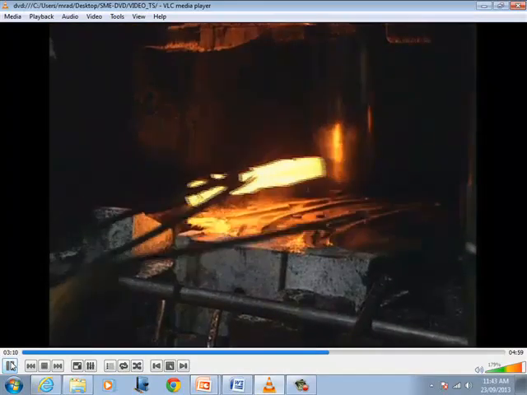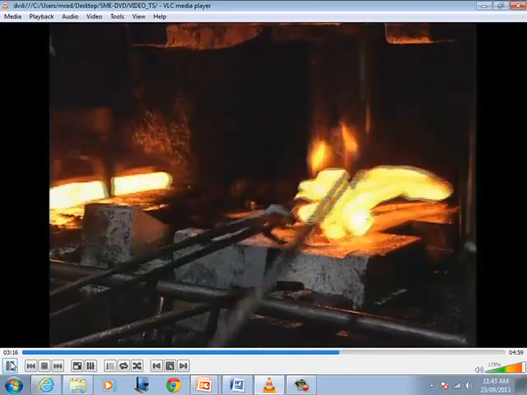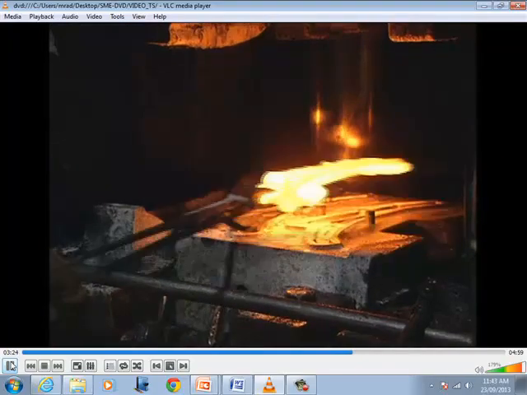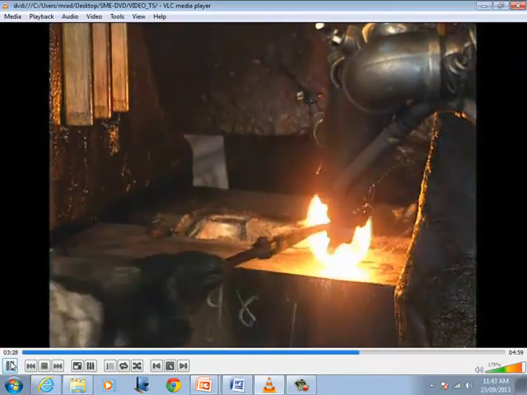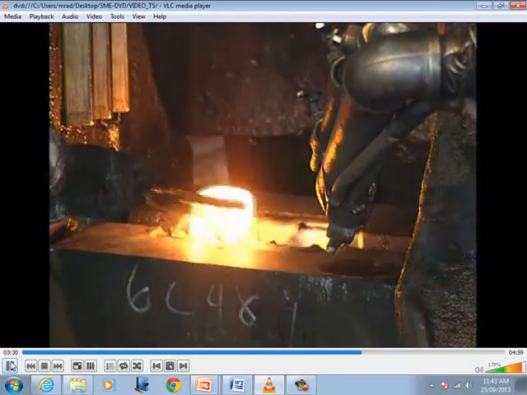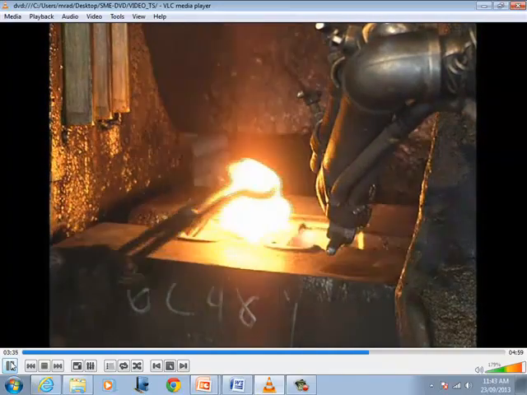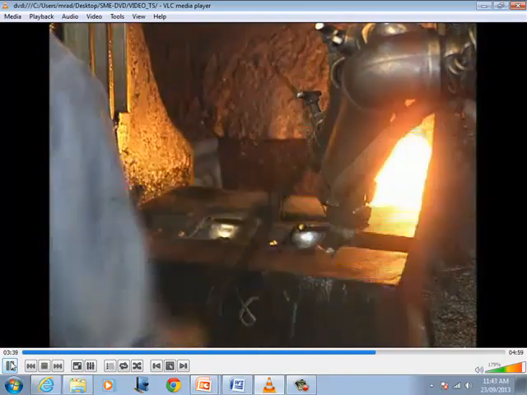Impression die forging, also called closed die forging, is the deformation of metal at forging temperature within one or more die impressions or cavities. It is performed both in presses and hammers. Workpieces may be round or rectangular in cross-section or flat discs, and the dies are sometimes integrally heated to minimize chilling and cooling of the workpiece.